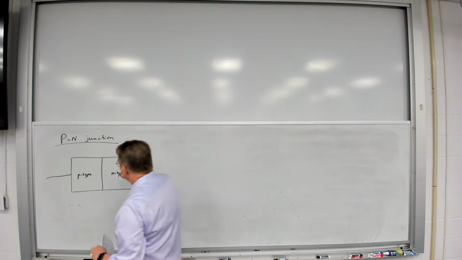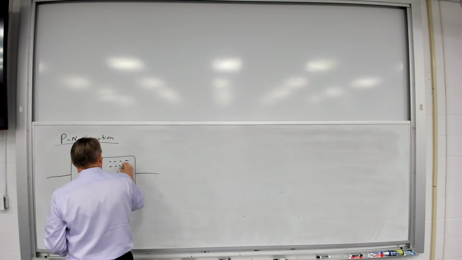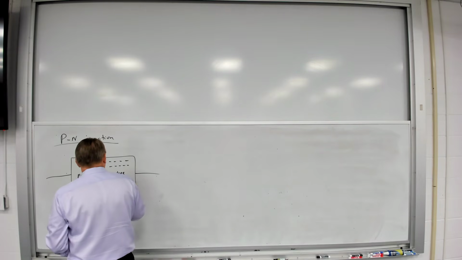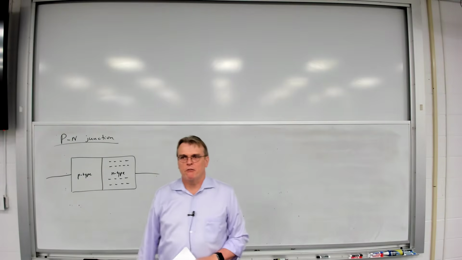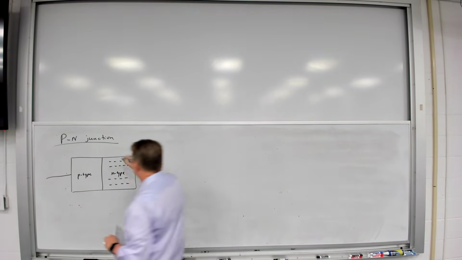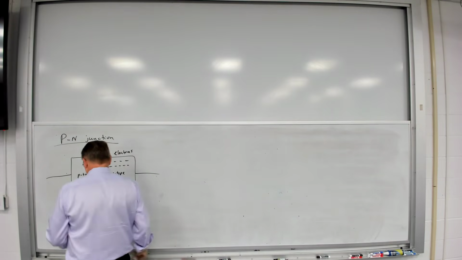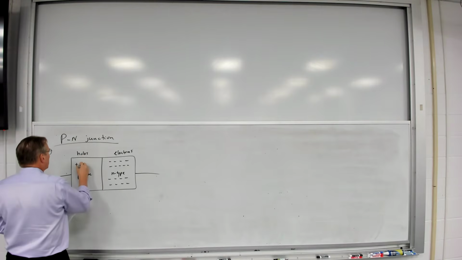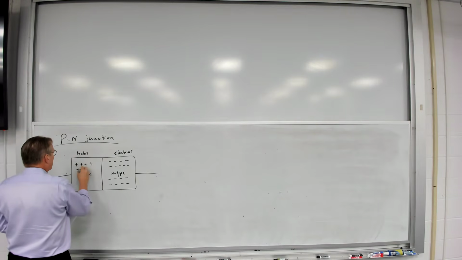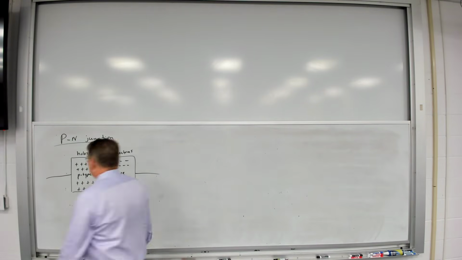And so over here in the n-type semiconductor, we have lots of free electrons drifting around. In the p-type semiconductor, we have lots of excess holes available.